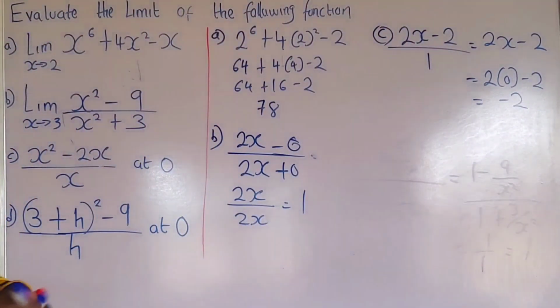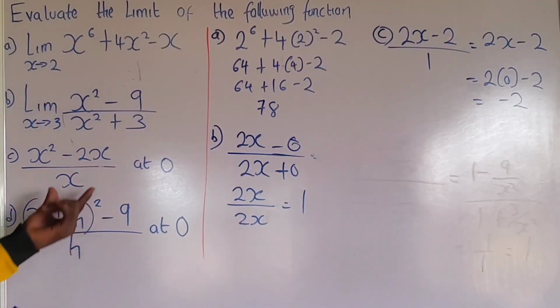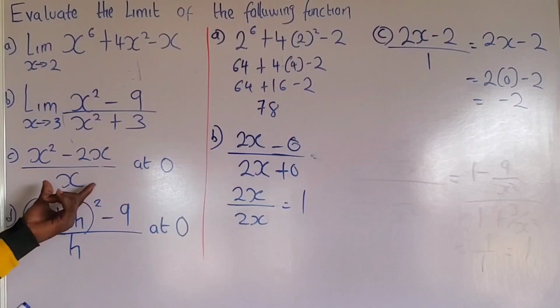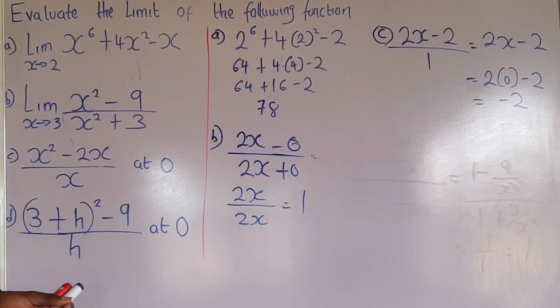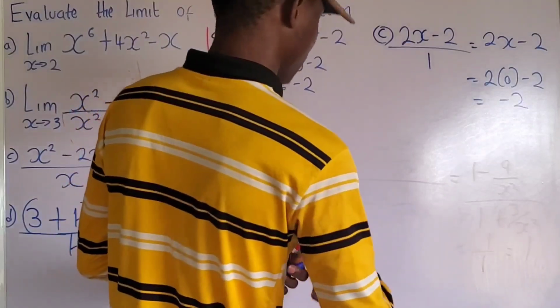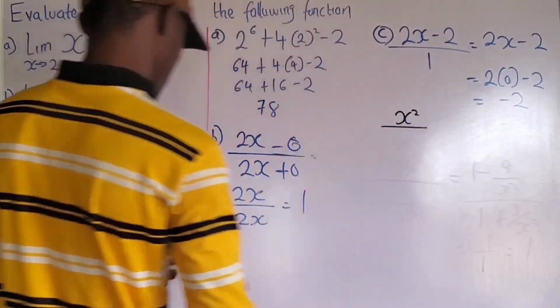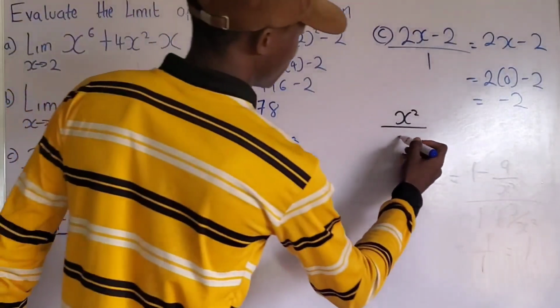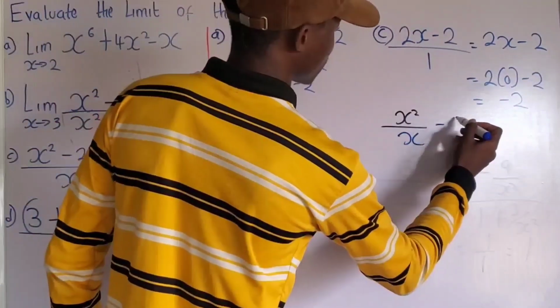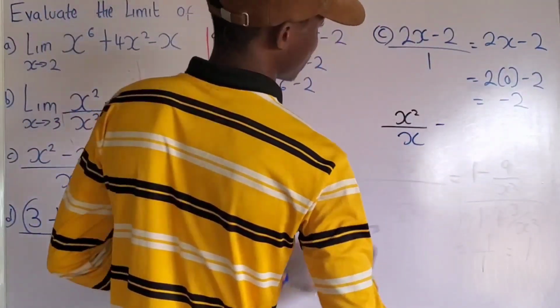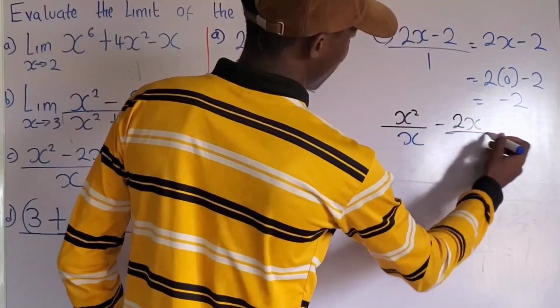Now let us use the manipulating method. If you want to use the manipulating method, you have to divide both the numerator and the denominator by the highest power of x at the denominator. Now, because we are only having x at the denominator, I'm going to have x squared all over x minus 2x all over x.